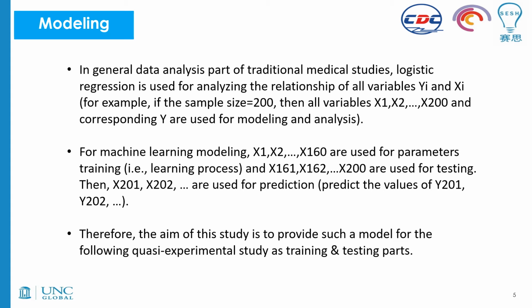And if we have future x201, x202, we will use the model and x201, x202 to predict the values y201, y202. So the aim of this study is to provide such a predictive model for the following quasi-experimental study. So this study served as the training and testing parts.